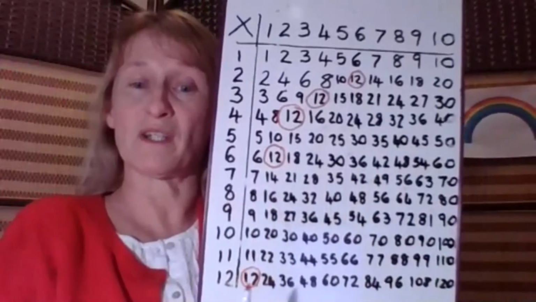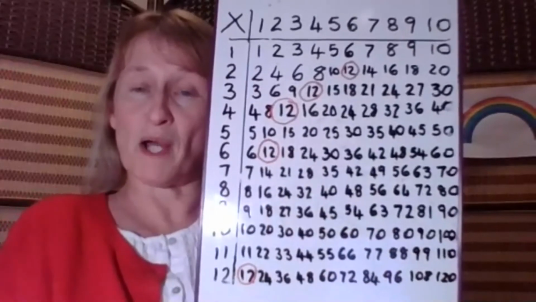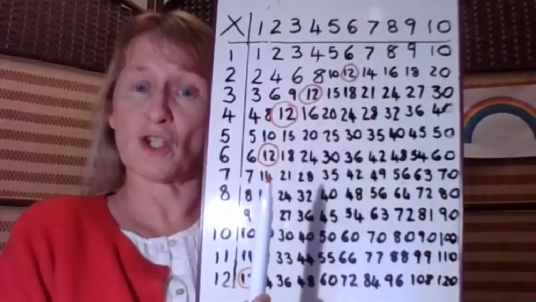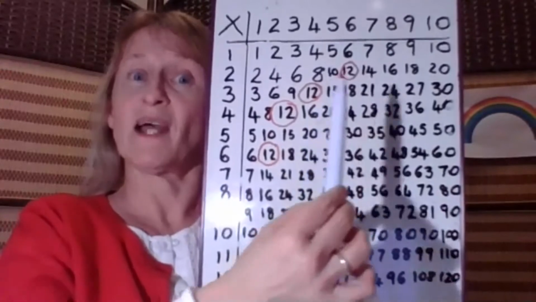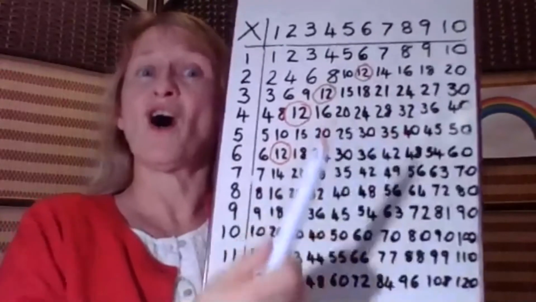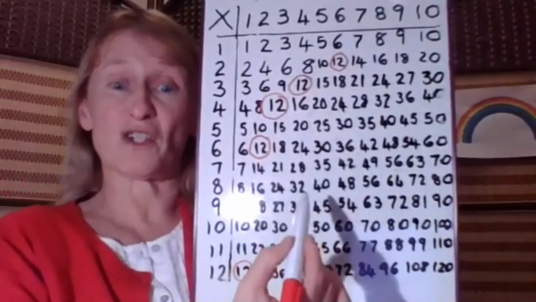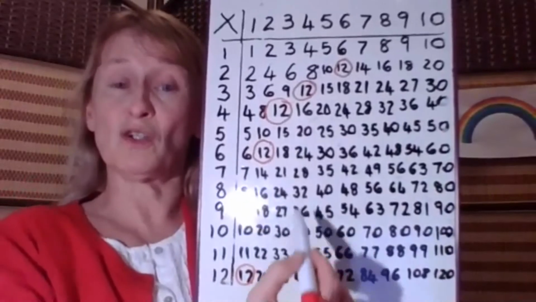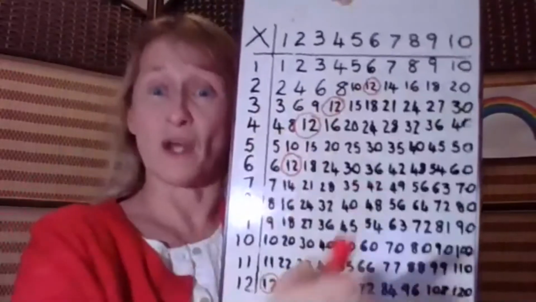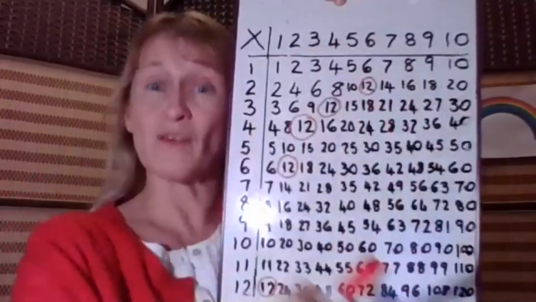Okay. So here again, we can see 1 times 12, so 1 and 12, 2, 3, 4, and 6 are factors of 12, okay? And that's what you need to do to find the factors. You're looking for the factors of 32. Circle all the 32s that are on here, all of them.